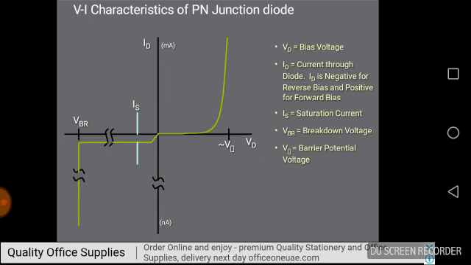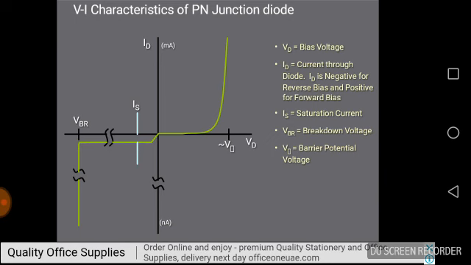In the forward bias characteristics, initially the current is 0 until some voltage, and when that particular voltage is reached, the current starts to increase rapidly, right? That point is our cut-in voltage or knee voltage, which is nothing but the barrier potential to overcome the immobile barrier.